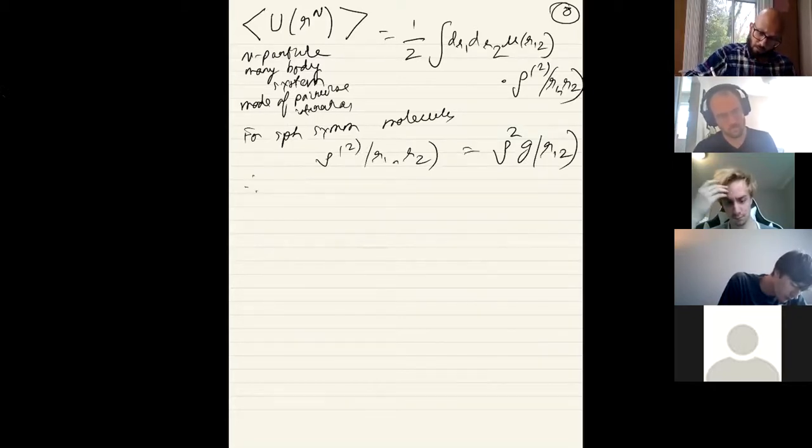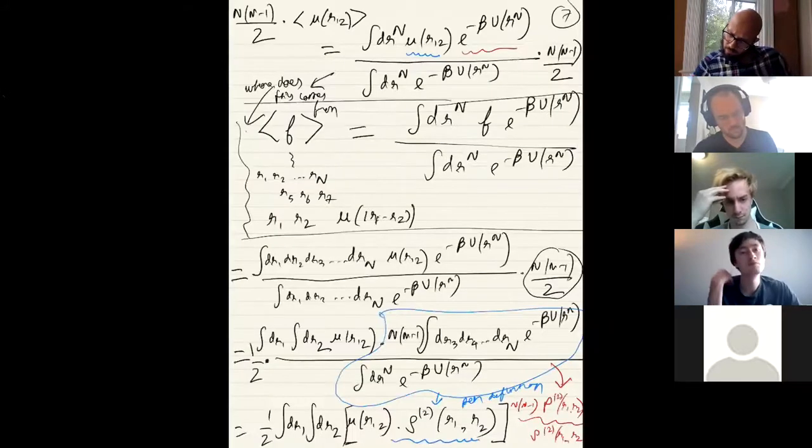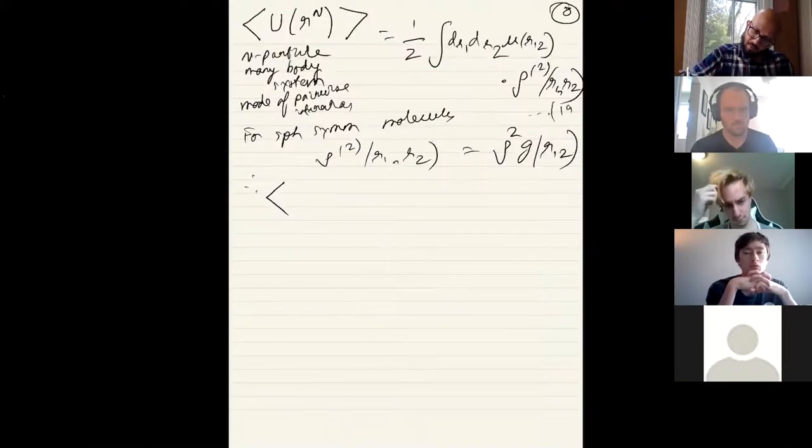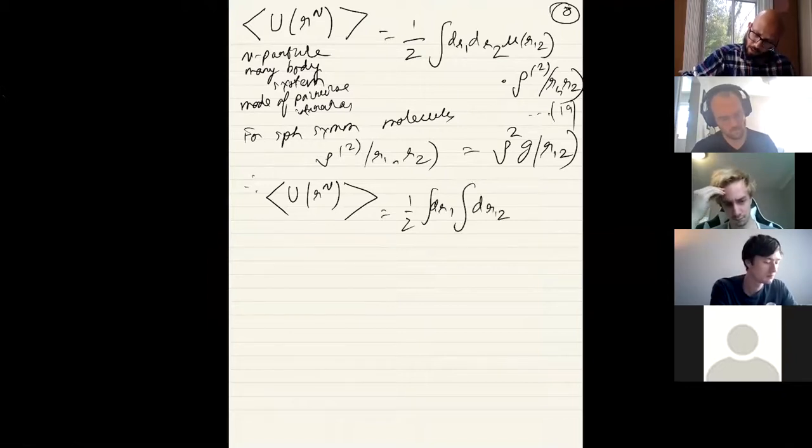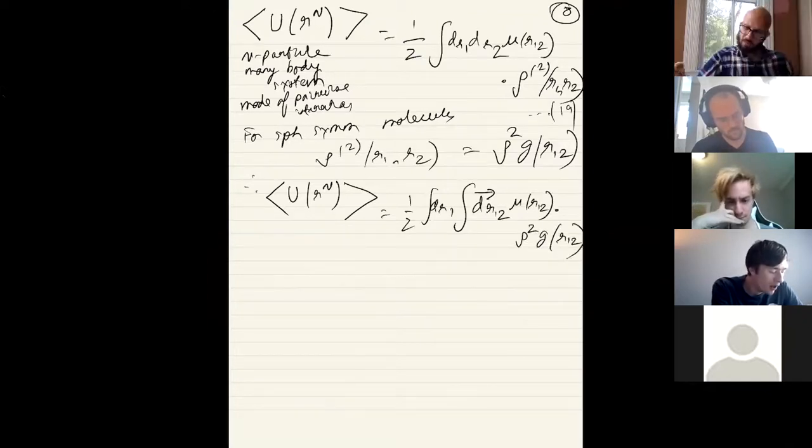So therefore, let's number this equation 18 and call this 19. Capital U of Rn for spherically symmetric molecules is going to be half the integral of dR1, and now we can look at the relative distance from R1 to R2, some vector like this, small u R12 multiplied by rho square g of R12, where R12 is the distance between R1 and R2.